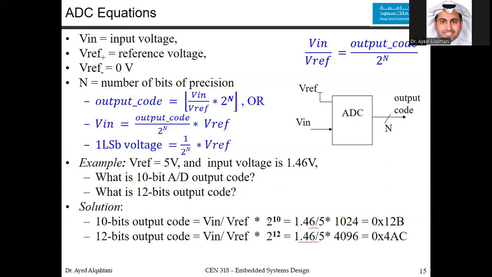One time you will multiply it by 2 to the power of 10. That's your resolution, the 10-bit output code. And the other time you will multiply it by 2 to the power of 12 or 4096. And based on this, you can get the decimal value. Based on this calculation, you convert it to binary and you can generate the hexadecimal for each one of them.